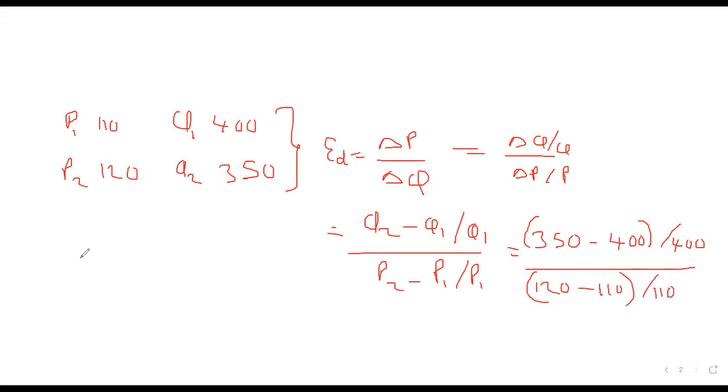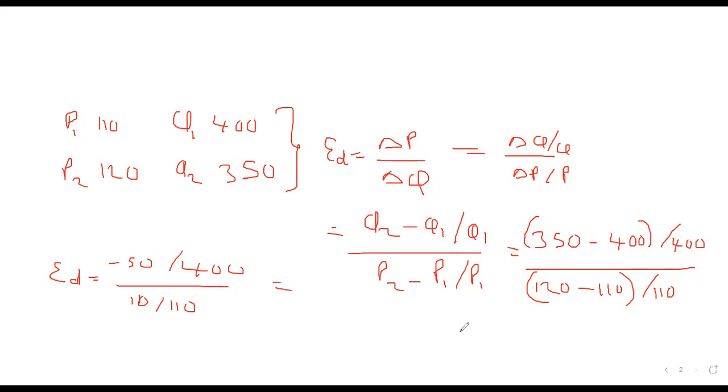Okay, so what do we have? On top, we're going to have what? Minus 50 by 400. And here we have what? 10 over what? 110. 10 over 110.